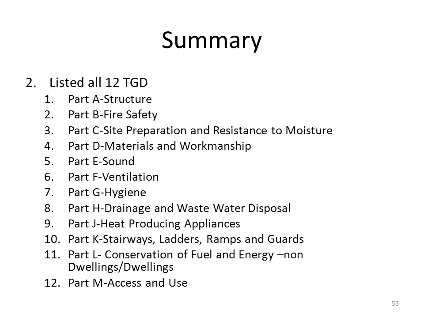We listed all 12 technical guidance documents: Part A, structure; Part B, fire safety; Part C, site preparation and resistance to moisture; Part D, materials and workmanship; Part E, sound; Part F, ventilation; Part G, hygiene; Part H, drainage and wastewater disposal; Part J, heat producing appliances; Part K, stairways, ladders, ramps and guards; Part L, conservation of fuel and energy, non-dwellings and dwellings. This part L is obviously the most important, and the whole document probably needs to be downloaded and viewed and read. Part M then, the last one, access and use.